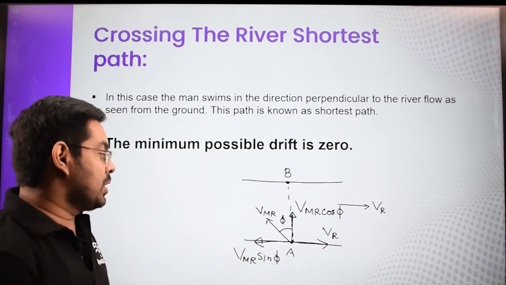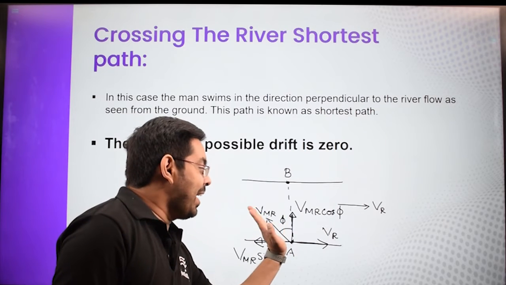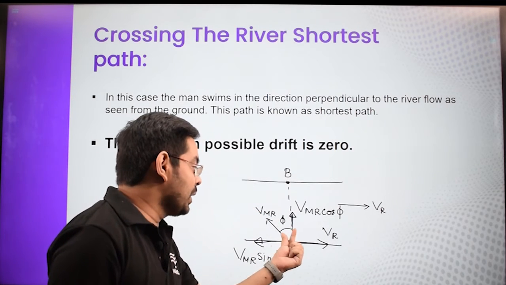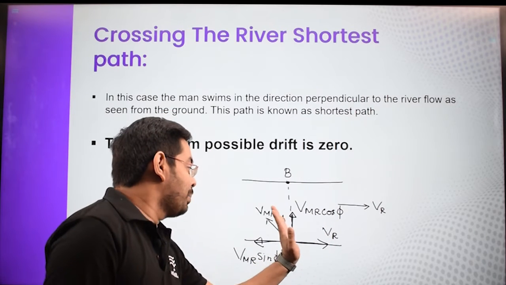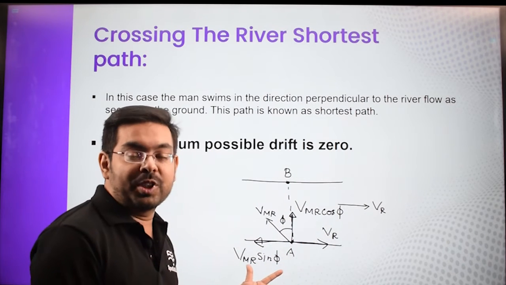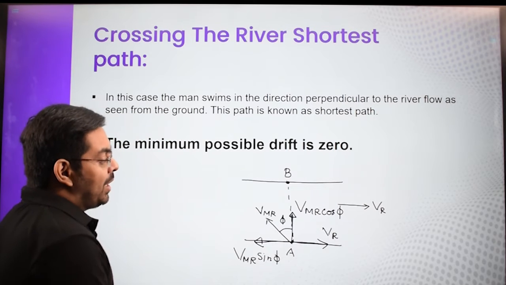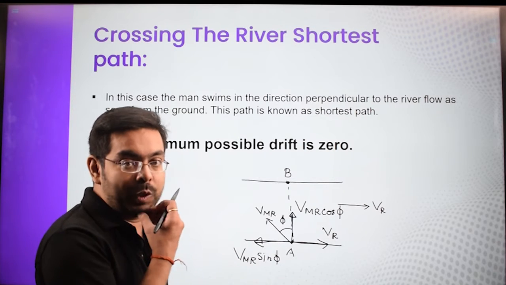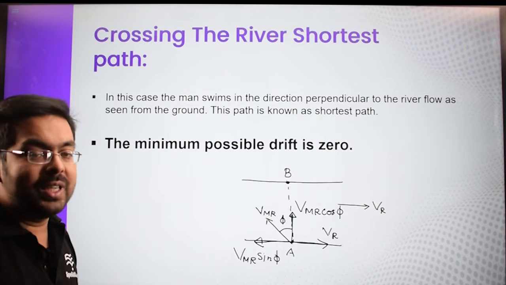Because if we take the component of any vector towards an angle whose direction we know, the component is vector into cos theta, and perpendicular to it the component becomes vector into sin theta. So if the man is not supposed to have any velocity in the x direction, his net velocity should be 0.